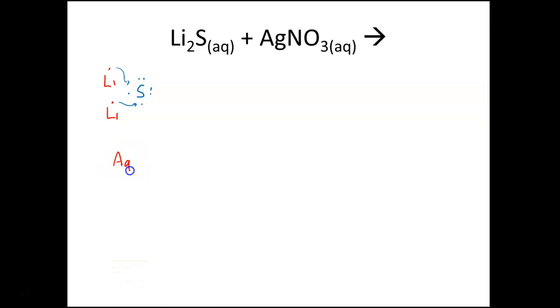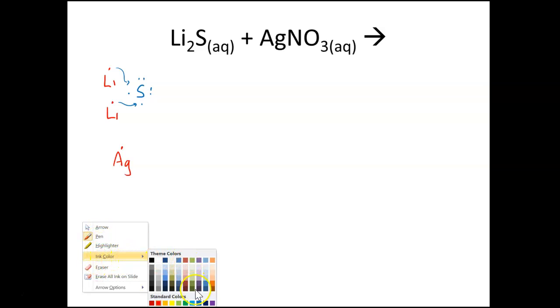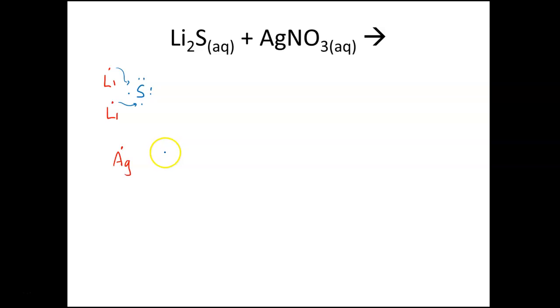There we have our silver with a positive 1 charge, and it is attached to nitrate. Nitrate is a -1 charge. That means it has 7 valence electrons. There we have our nitrate. So 1, 2, 3, 4, 5, 6, 7.